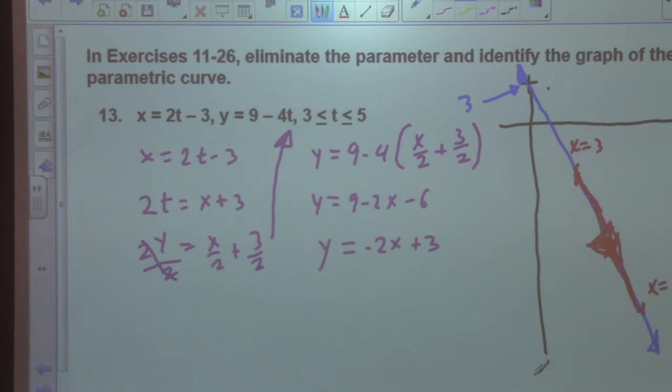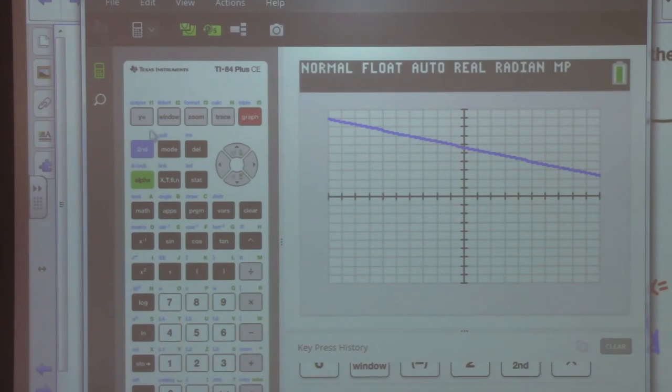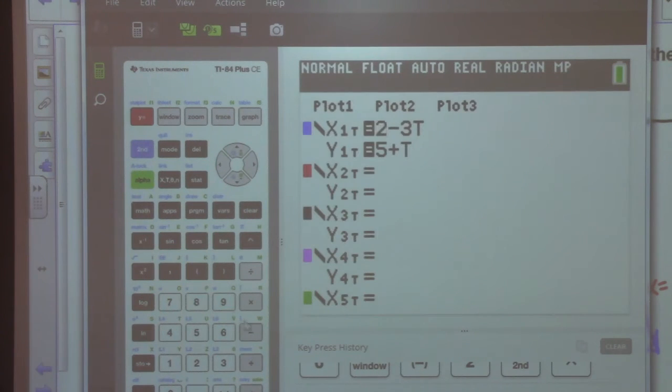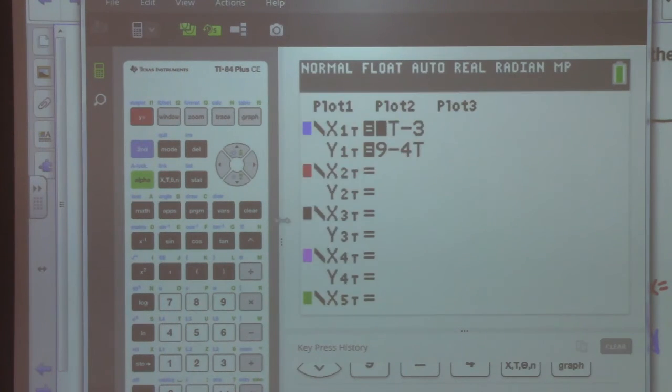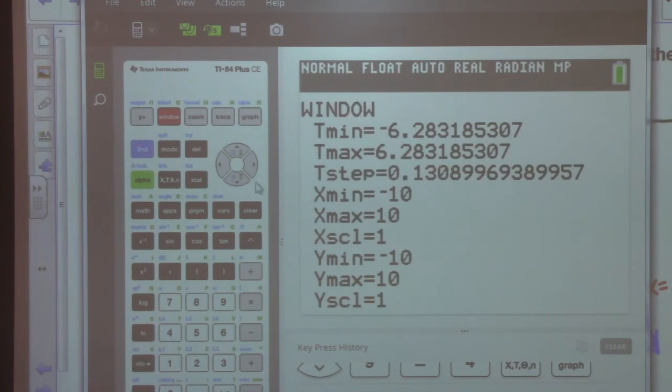And then you can graph that in the calculator: 2t minus 3, 9 minus 4t. If you go to zoom 6, it's going to look like this, but let's go ahead and restrict, like Kayla was telling us, from 3 to 5.